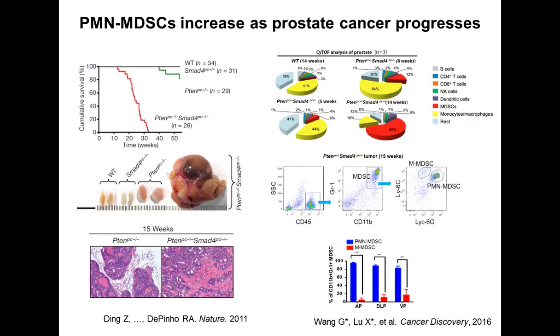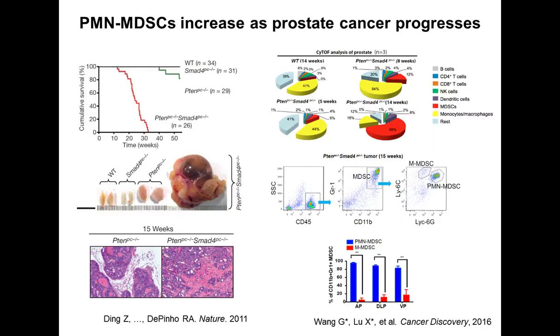Subsequently, collaborating with another postdoc in the lab, Dr. Wang, we profiled the tumors at different ages for immune cells. On the right, this red colored pie chart represents the CD11b-positive, Gr1-positive MDSC populations. They increase a lot over the time of the mouse progression.